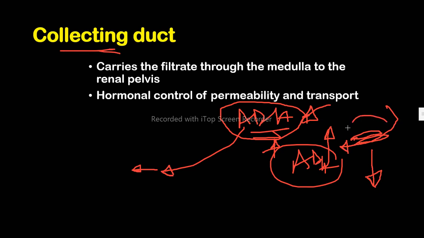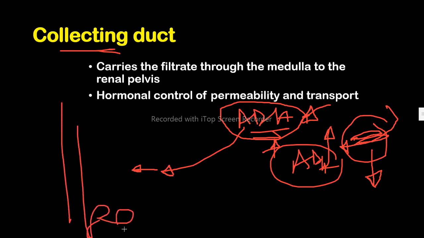These aquaporins, these channel protein molecules that allow water to pass through, won't be open, and so you reduce the permeability of the collecting duct to water. And so as a result, much water will proceed to the renal pelvis, where you will now excrete dilute urine.